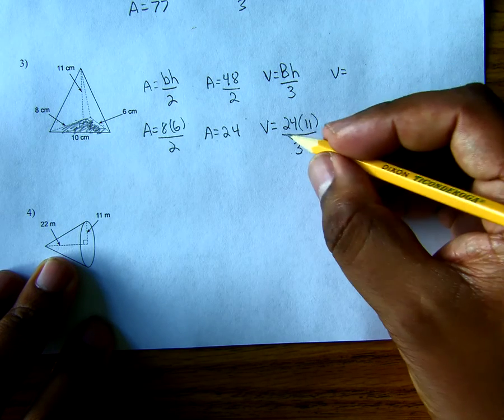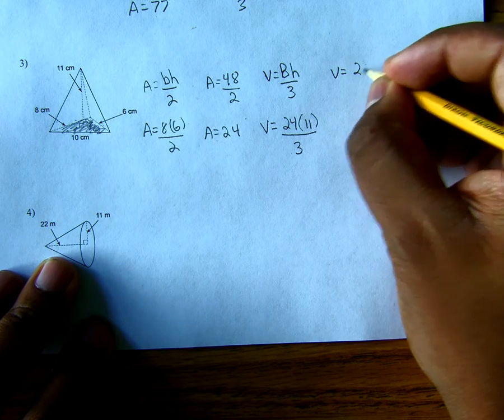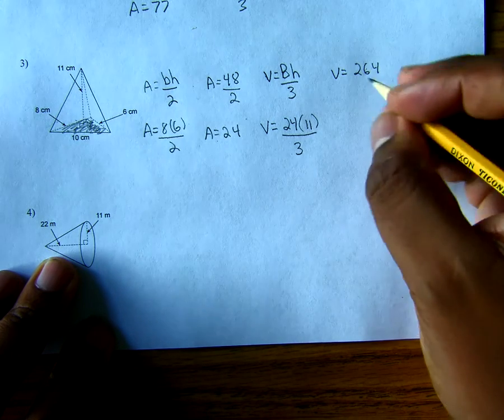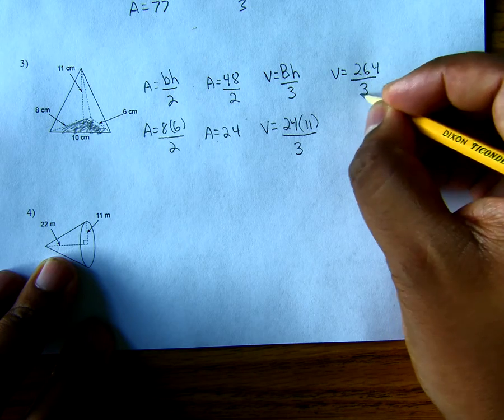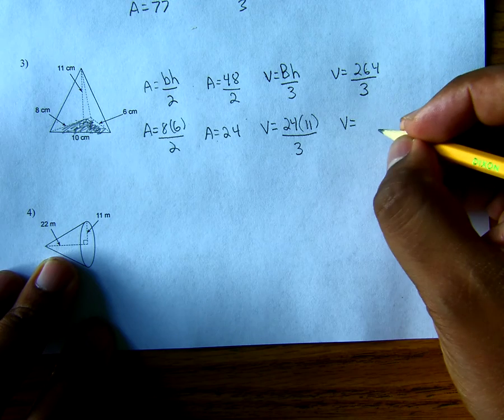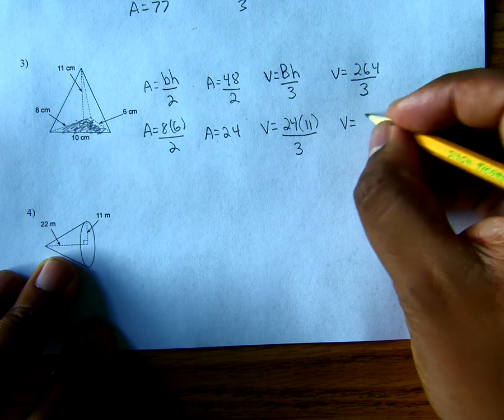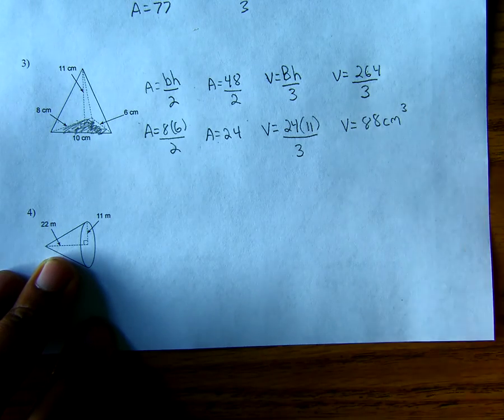All right, now multiply the 24 times 11, and that's going to get us 264. Then divide that by 3. And that leaves our final answer to be 88 centimeters cubed.